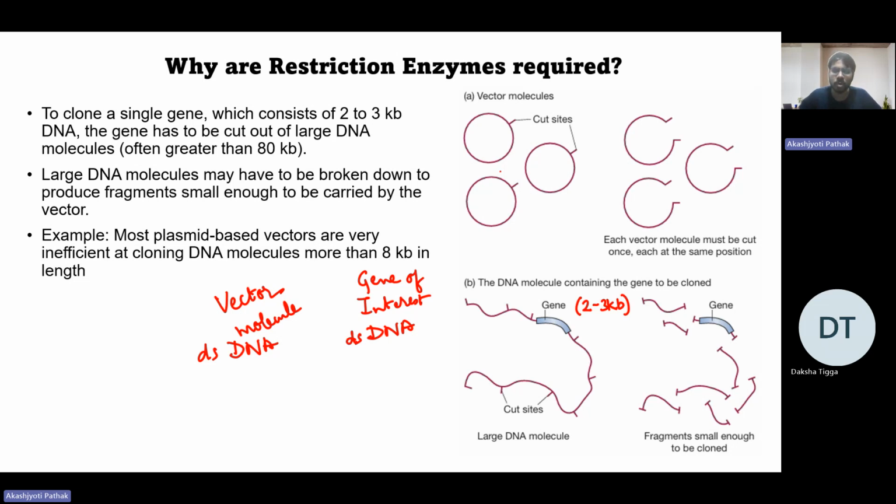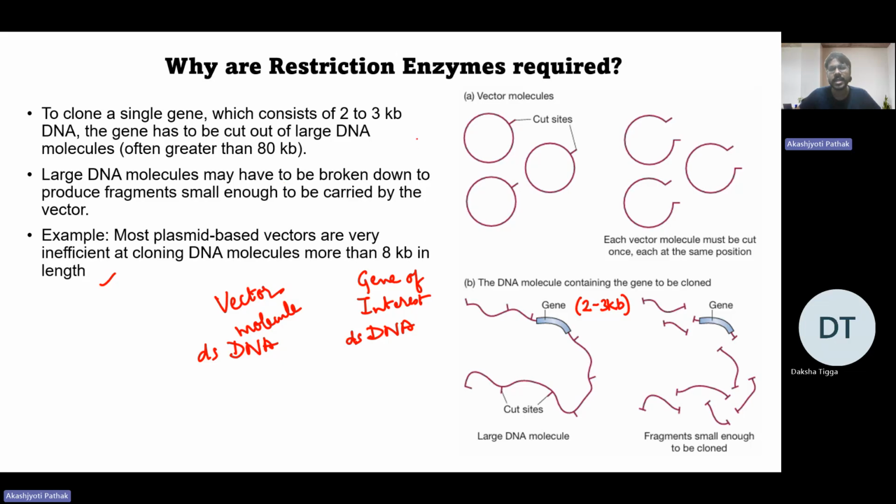So if you want to clone larger gene fragments, then you have to use different types of vectors, for example, lambda phage vector or episomal vector. So there are different types of vectors which have to be used, and the size of the insert is very important. Okay, so most plasmid vectors are very inefficient at cloning DNA molecules which are more than 8 kb in length.